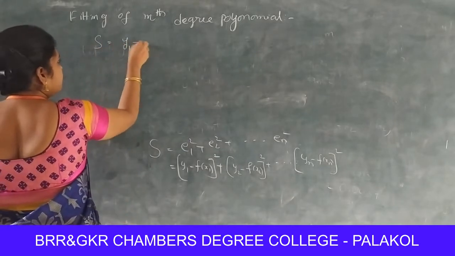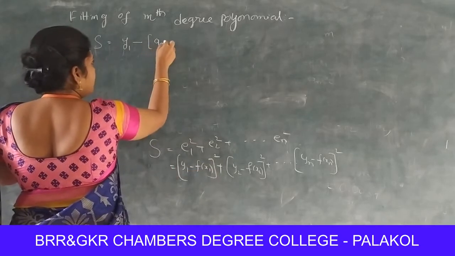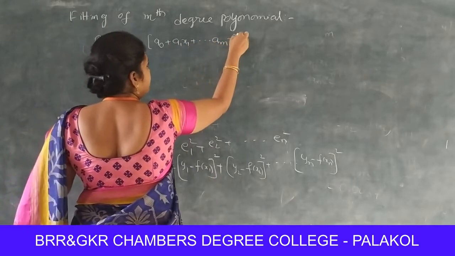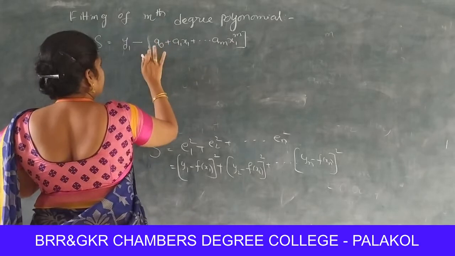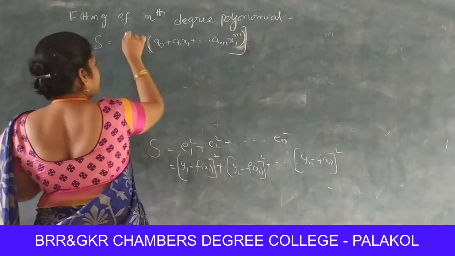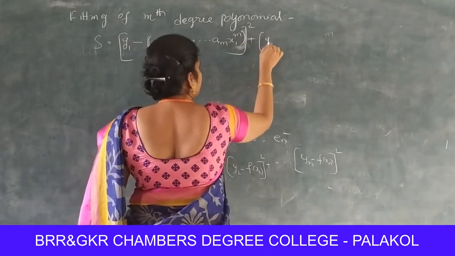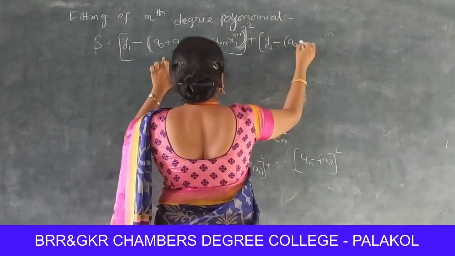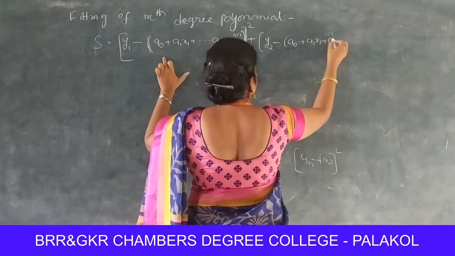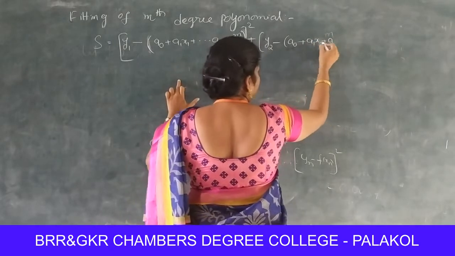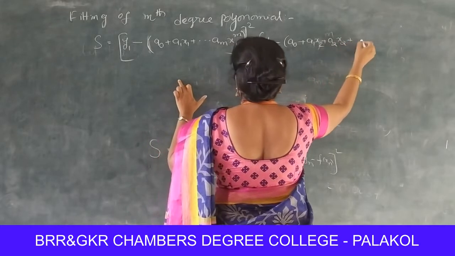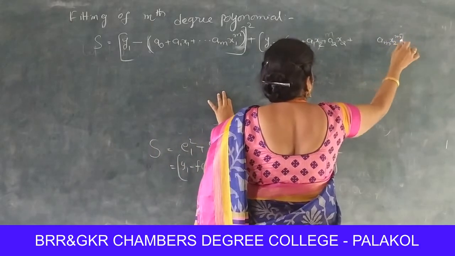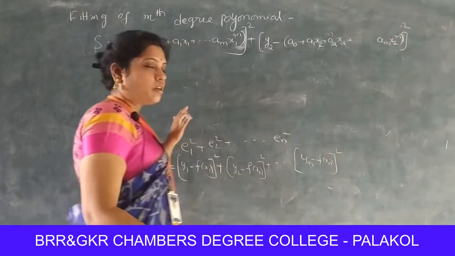So we write S is equal to y1 minus f of x1, which is a0 plus a1 x1 and so on am x1 power m, whole square, plus y2 minus f of x2, where f of x2 is nothing but a0 plus a1 x2 plus a2 x2 square and so on am x2 power m, whole square, and so on.